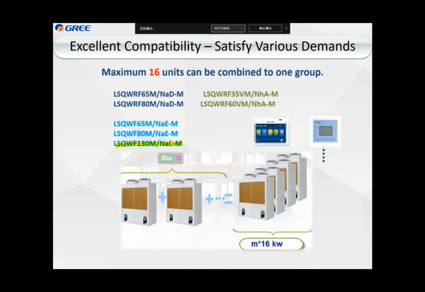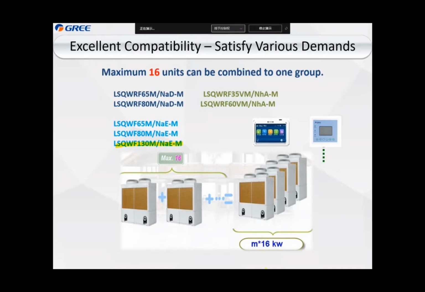So with the modular design for the E series 130, we can combine 16 together to realize a higher capacity. So you can calculate: 16 times 130 kilowatt can reach a very high capacity.